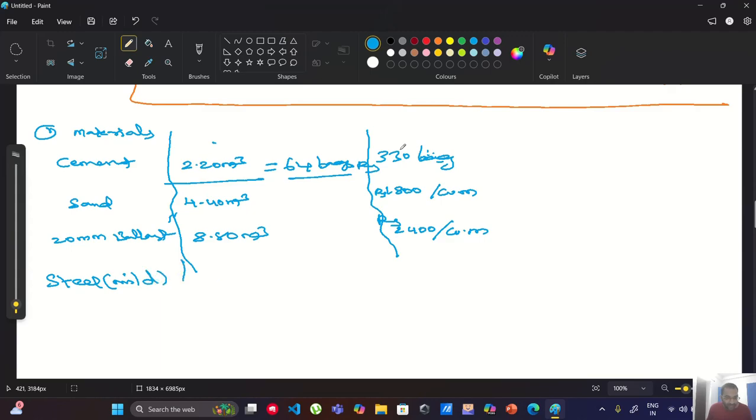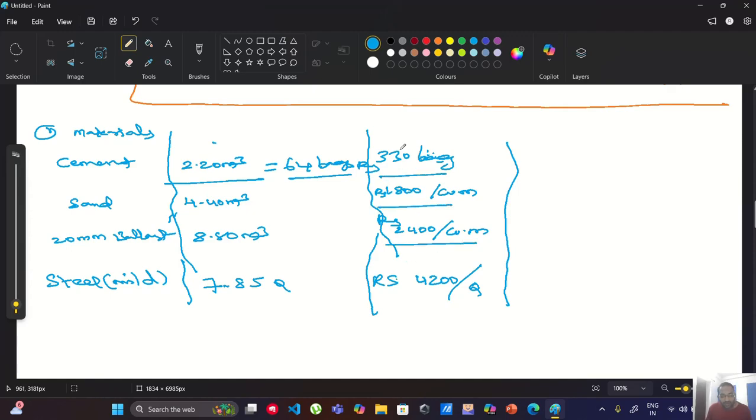Now I am considering mild steel here, and for 1% I already calculated, 7.85 quintal quantity is required, and the rate for steel is 4200 rupees per quintal, it is not cubic meter. This is the quintal cost. Am I right?